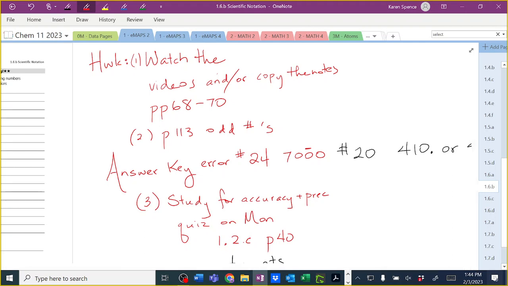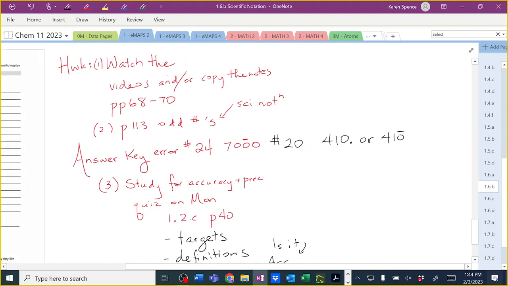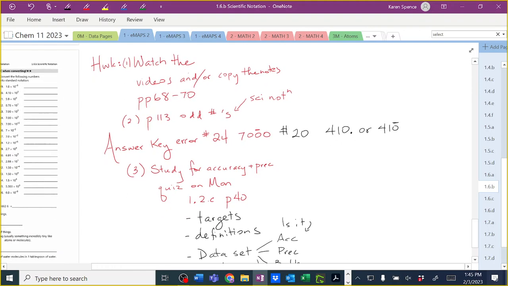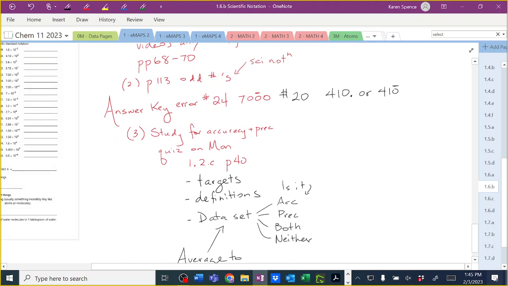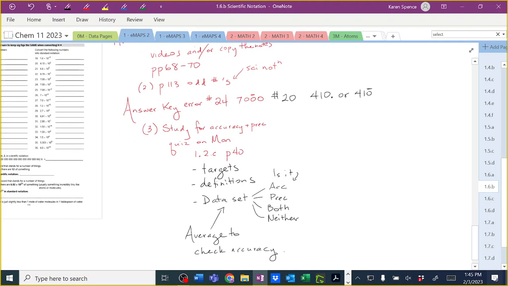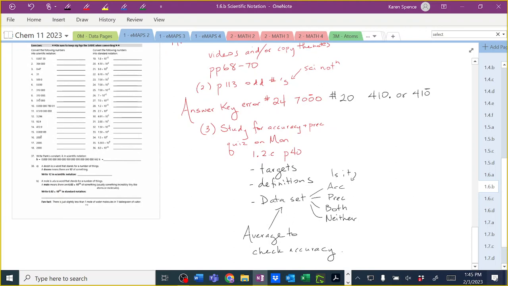Do page 113, the odd numbers, that is the scientific notation. There's a couple problems with the answer key, which I will put up on Teams in the general channel, and study for your accuracy and precision quiz. Again, I'll put up the details on Teams. Okay? You're welcome.